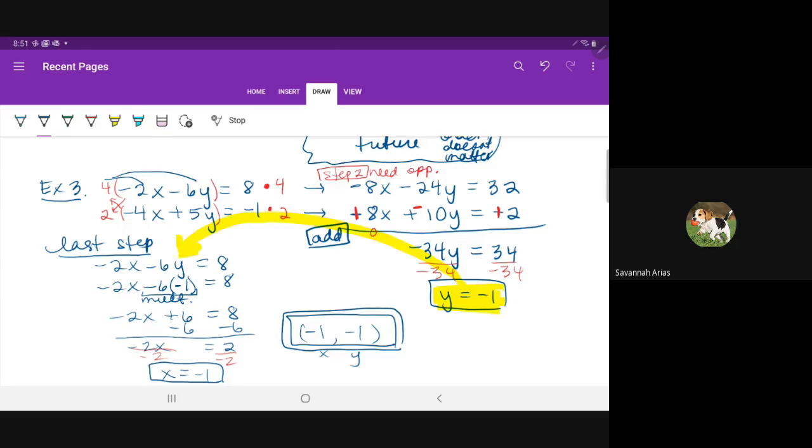So it doesn't work every time, but sometimes it's shorter. So I'm going to show you another example that you can choose. You have to write example 4 down, but it's going to be one where you can choose how to attack the problem. Or you could attack it the way I just showed you on examples 1 through 3.